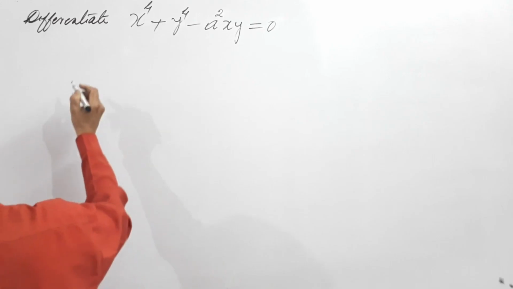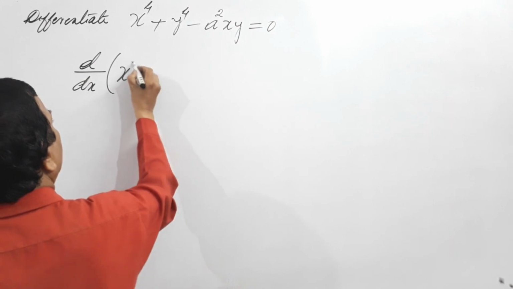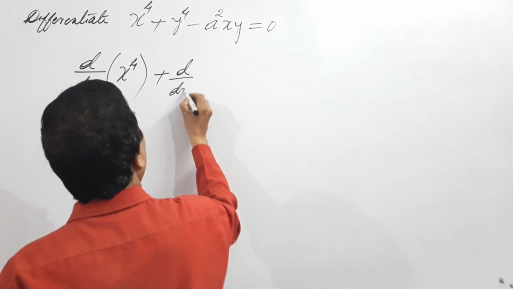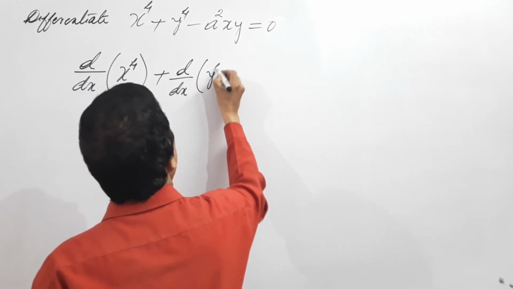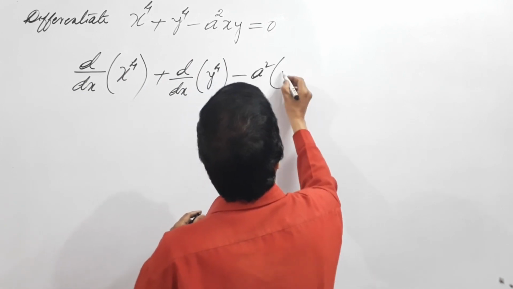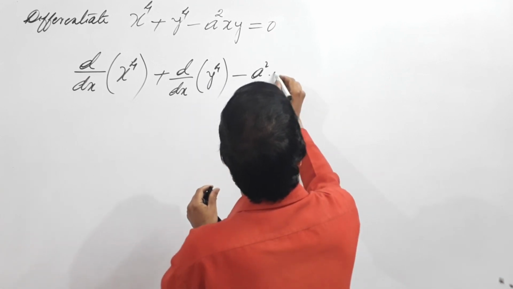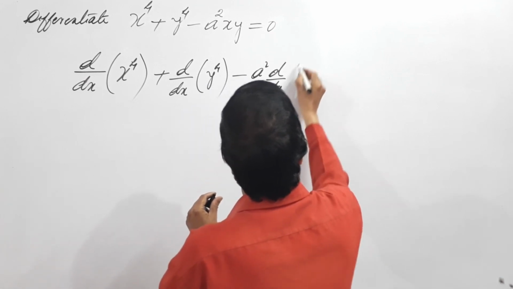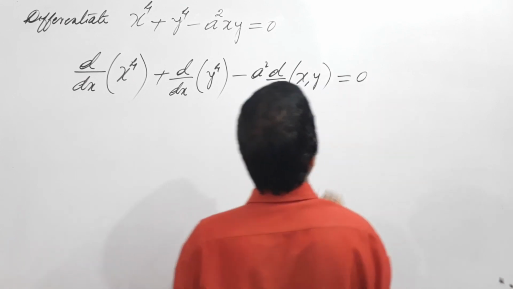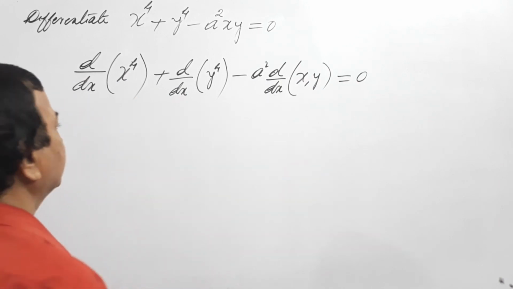So that is d by dx of x to the power of 4 plus d by dx of y to the power of 4. I'll take a square outside, minus a square into d by dx of xy equals 0. So let's differentiate this.